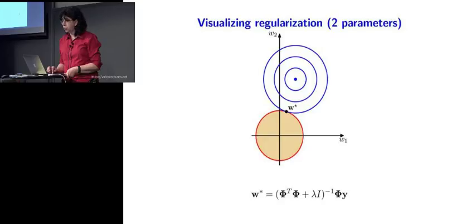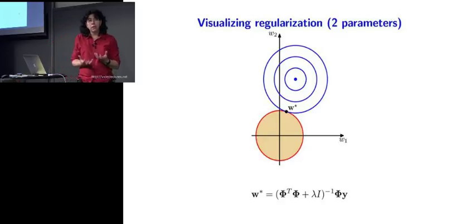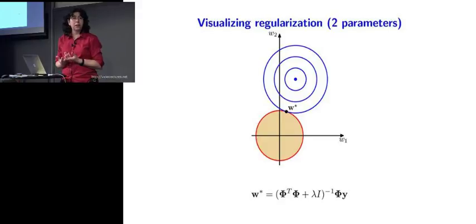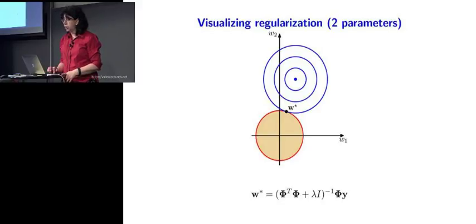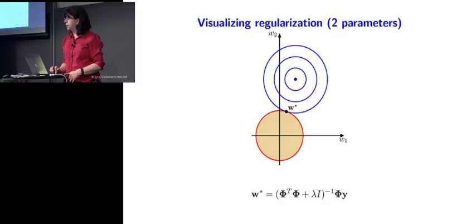And that's the solution. So regularization, you can interpret it as a constrained optimization problem that we're going to solve instead of an unconstrained optimization problem, which we had before. And the constraint is controlled by this regularization constant lambda.